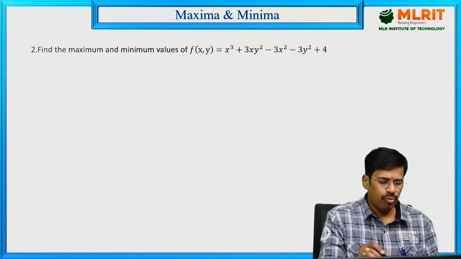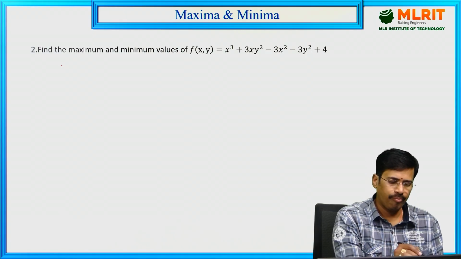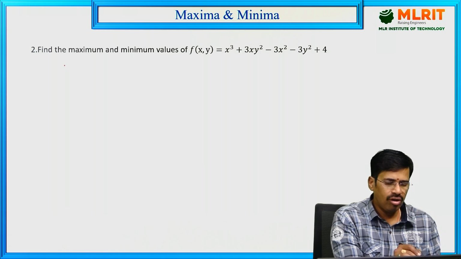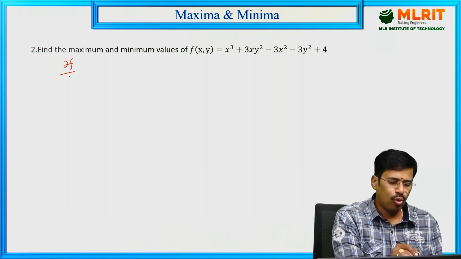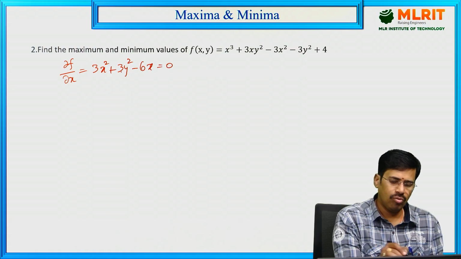Let us see one more problem. Find the maximum and minimum values of x cube plus 3xy square minus 3x square minus 3y square plus 4. To find the maximum or minimum value, first of all we have to find ∂f/∂x, that is 3x square plus 3y square minus 6x, and let it be equal to 0.